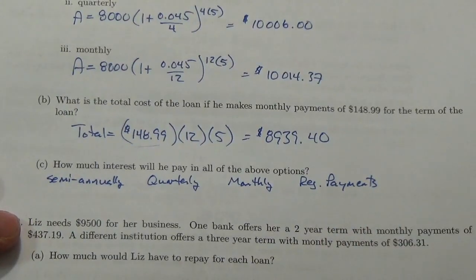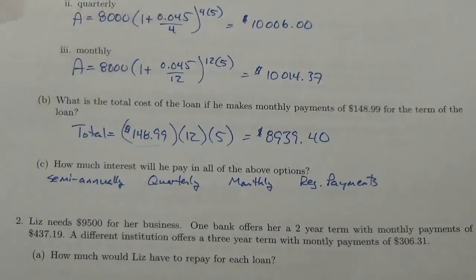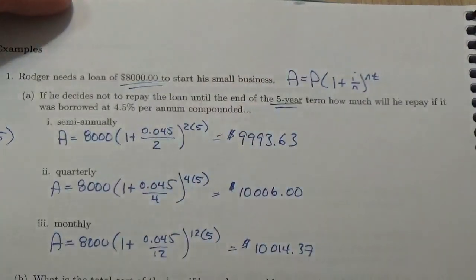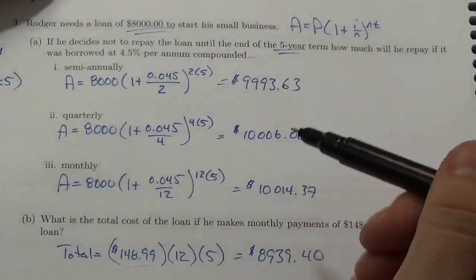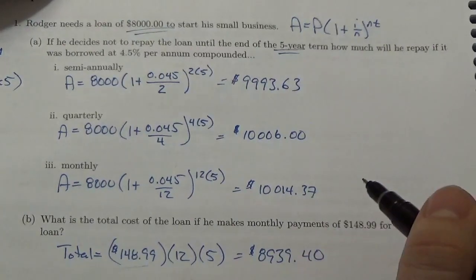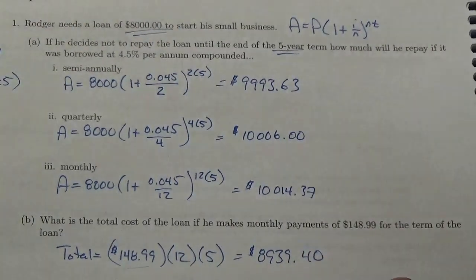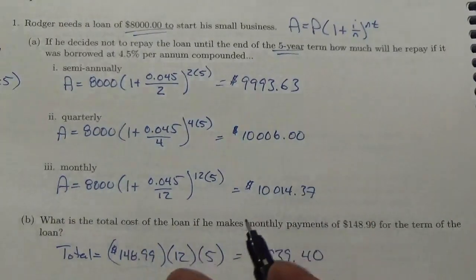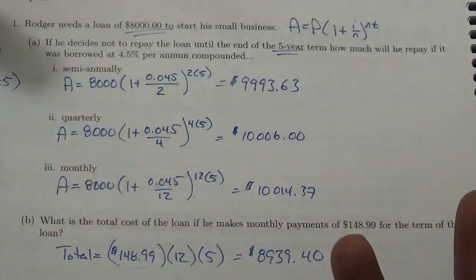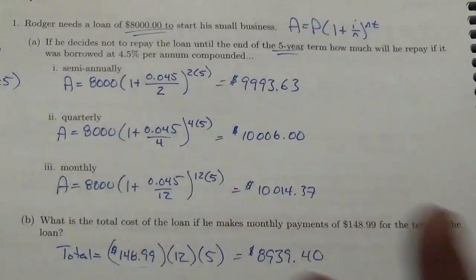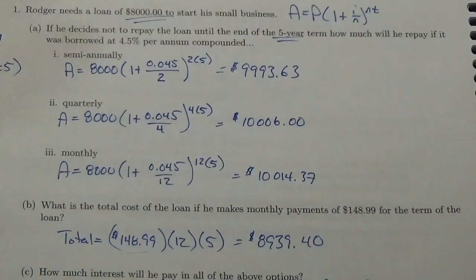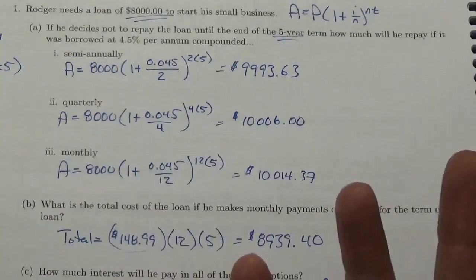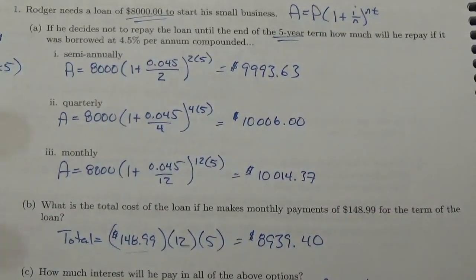Now, in every case here, the original amount of money that I borrowed was $8,000. So $8,000 of each of these scenarios is just dedicated to Roger giving the money back to the bank. That's not interest. That's just giving back what they gave you. Anything that you spend beyond $8,000, that's interest.